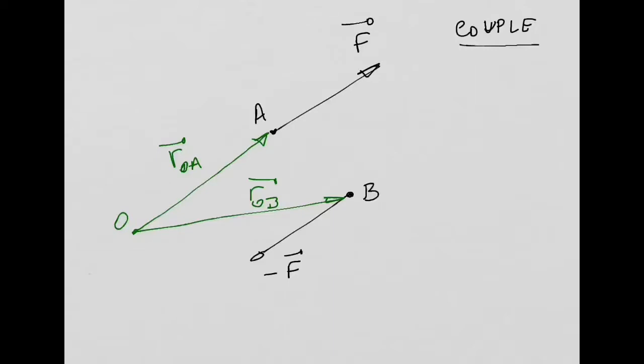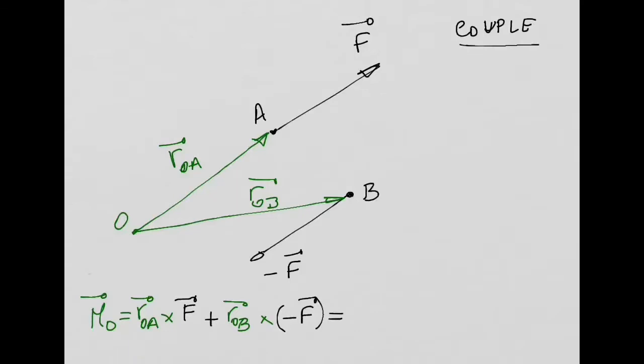So we have a couple, these two symmetric forces, and I'm going now to calculate the moment produced by this couple about point O, and that moment, MO, is equal to what? Is equal to the cross product of my position vector ROA with my force F, plus the moment produced by my position vector ROB times my force, which is minus F. You all agree with me?